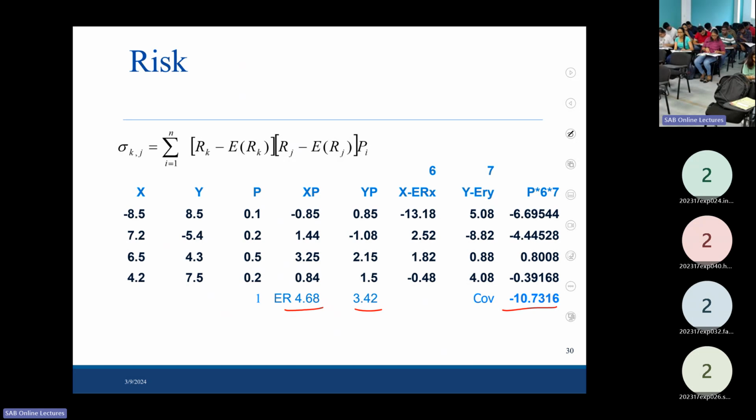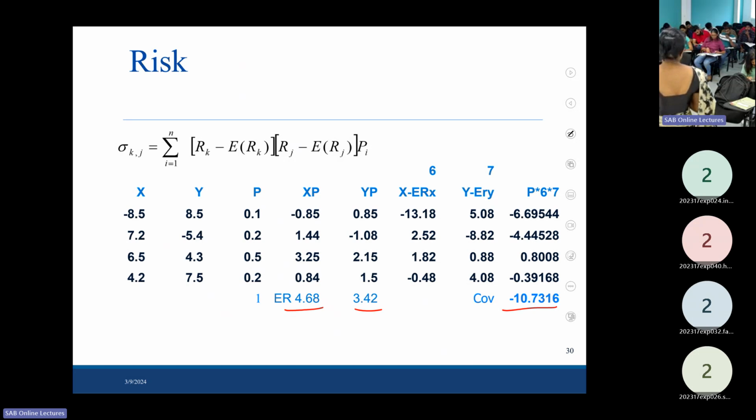Covariance is negative, so the two stocks, in a particular state of economy, move in opposite directions. Normally the order is X and Y. So when X is increasing, Y stock return is decreasing. But you cannot tell the size of the movement. Simply you can tell they are moving in the opposite direction.